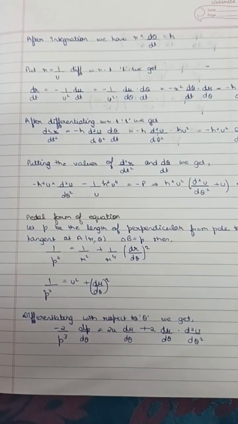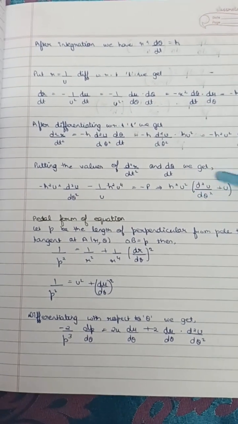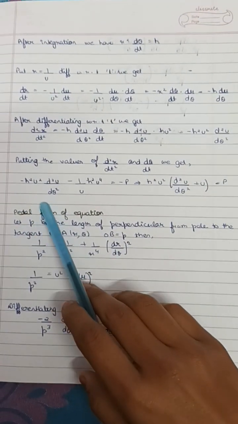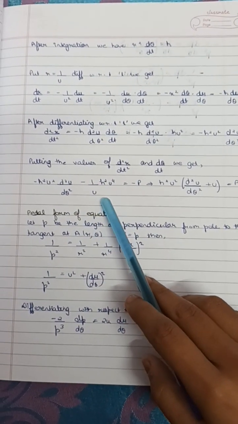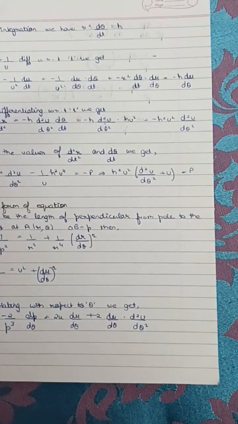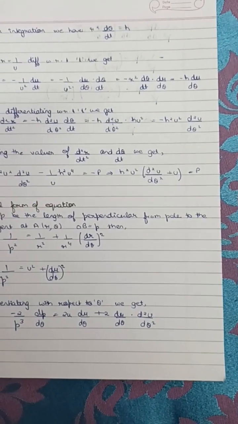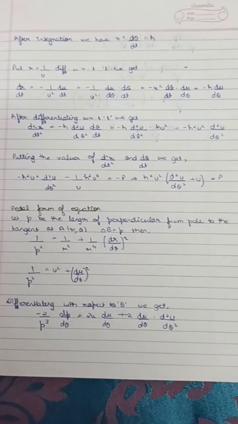Then putting the values of d²r/dt² and dθ/dt, we get -h²u² d²u/dθ² - (1/u) h²u⁴ = -P. That is, h²u² (d²u/dθ² + u) = P. This is the polar form of the equation.